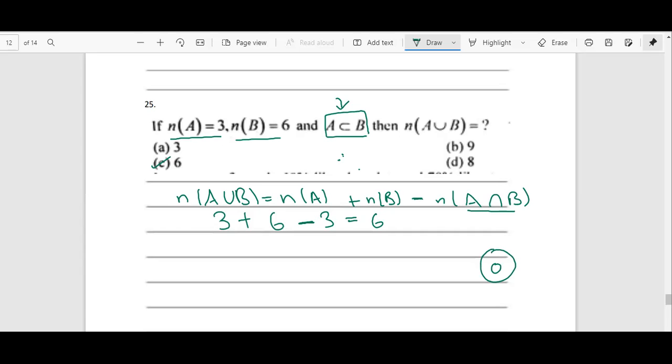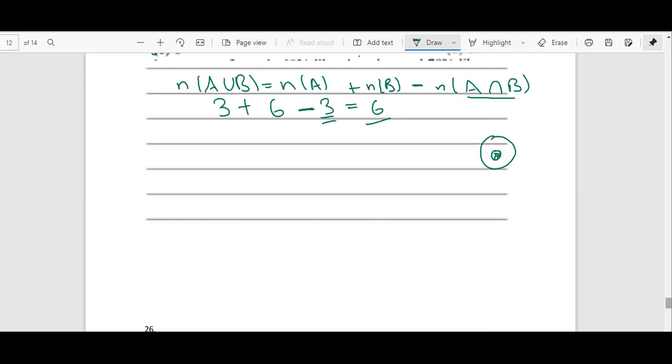The common elements, the intersection elements would be all the elements I have in A, right? So this means that the number of elements in A would be subtracted and I would end up getting 6. That is the C answer. All right, so we are done with this question as well.